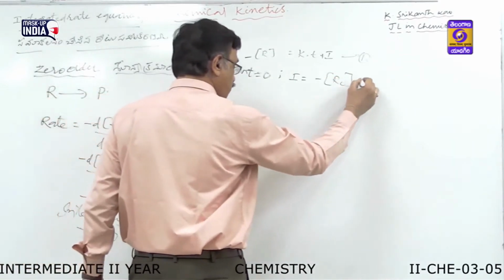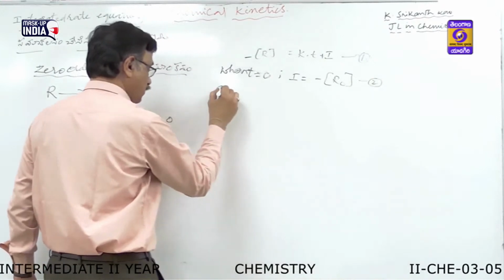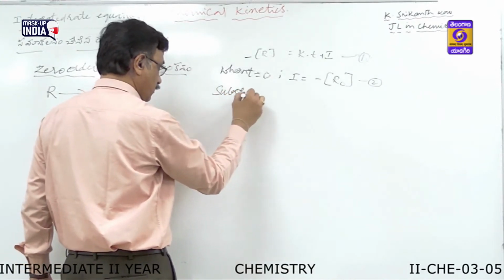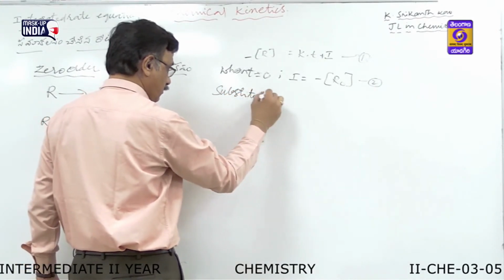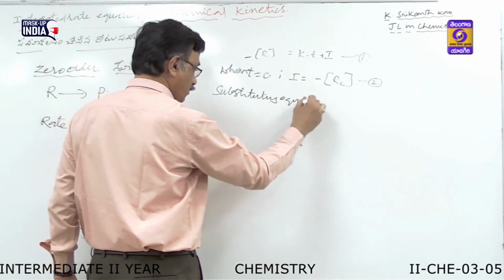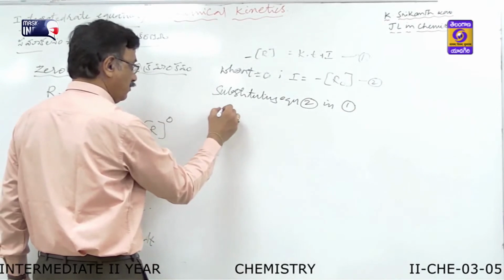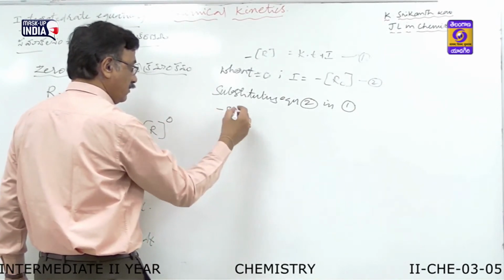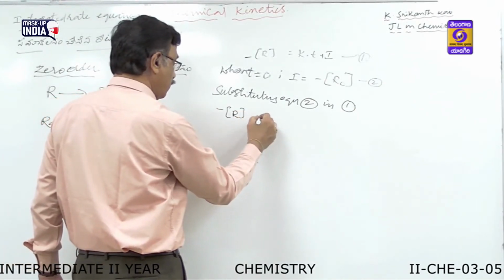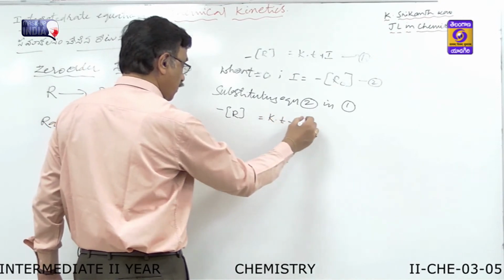Right? So equation 2. Substituting equation 2 in 1, right? So minus R equal to kt minus R naught.